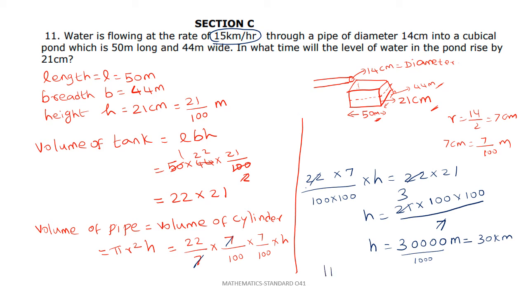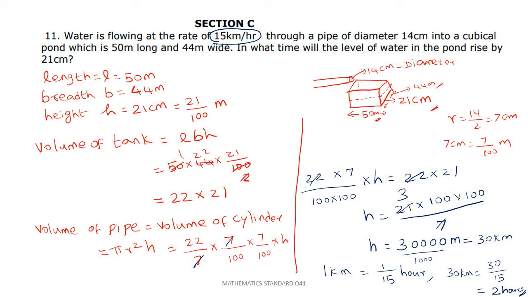So for 1 kilometer, it takes 1 by 15. So for 30 kilometer, it will take 30 by 15. So the answer is 2 hours. So it takes 2 hours to fill the pond up to 21 centimeter.